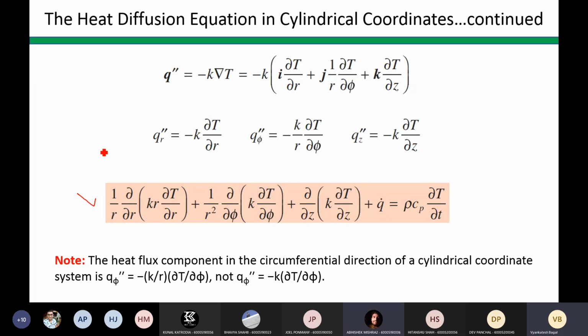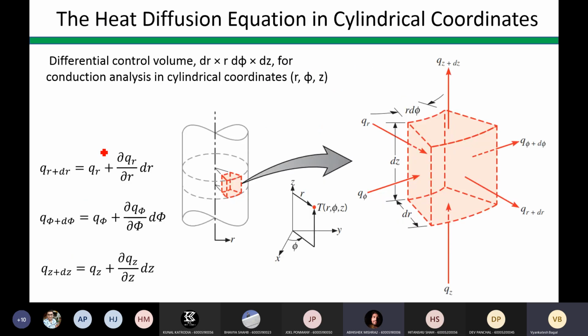Sir, can you show the previous slide of the cylindrical coordinate? So cylindrical coordinates, you can note down this coordinate system. How is the element taken? You have a cylinder, and this is the element cut from the cylinder, and this is an exaggerated view of the element. What are the dimensions of the element? They are dr along the radius, then dz is the vertical dimension along the z axis, and then the angle.